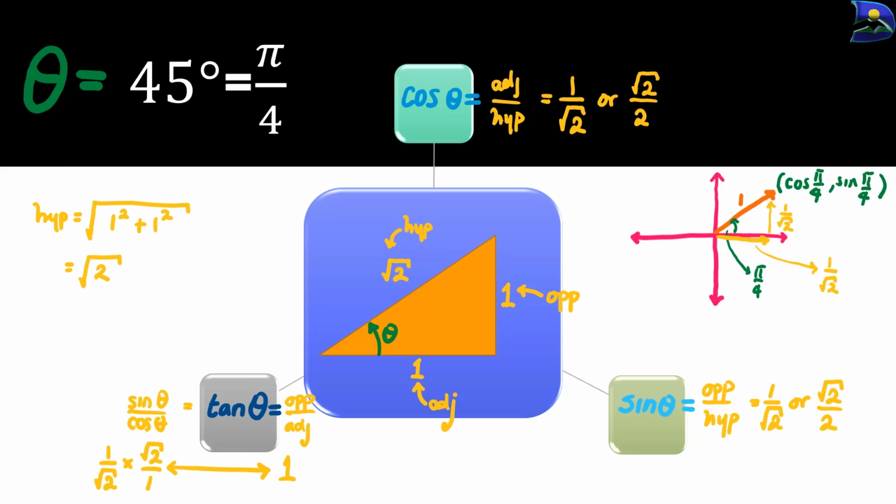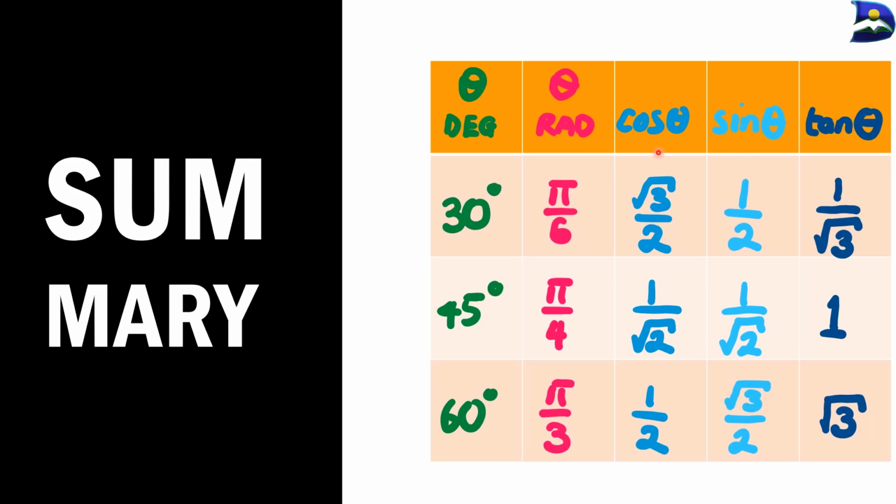So in conclusion, our summary shows that in order for us to determine this particular block right here, which are the results of our trig ratios for 30 degrees, 45 degrees, 60 degrees, or their respective radians, we need to remember that we need to get our unit circle and extract the triangle.